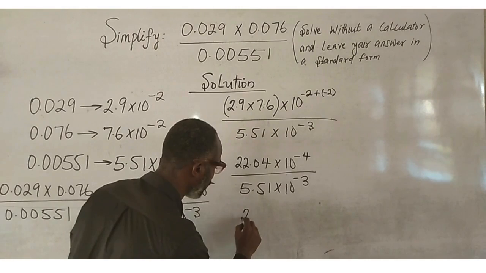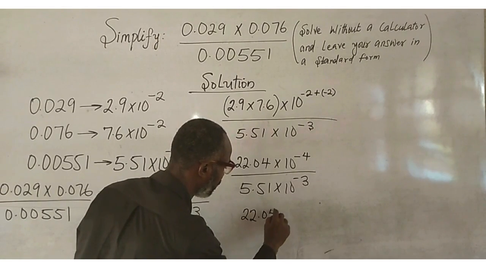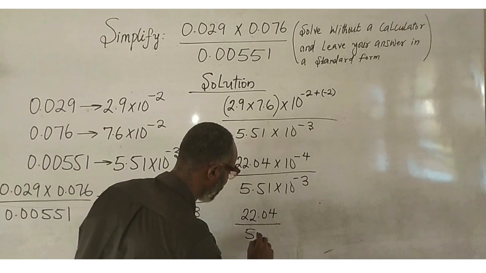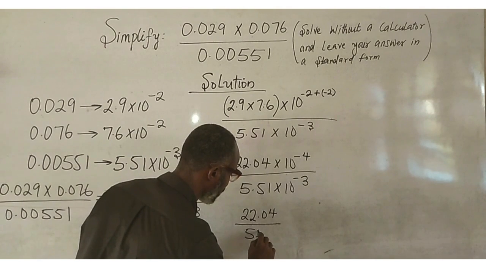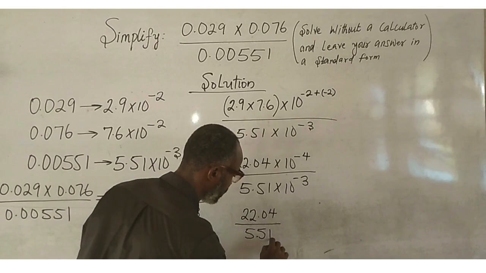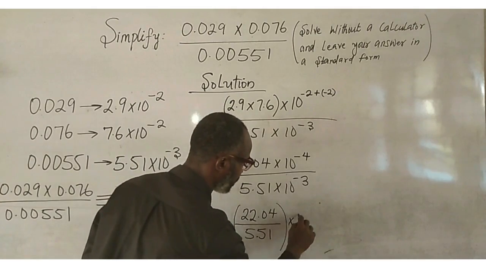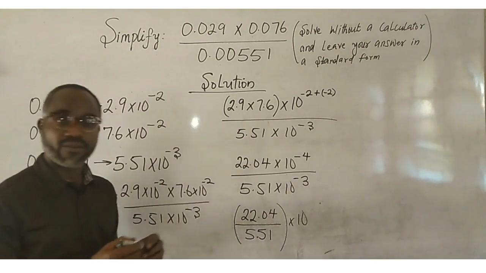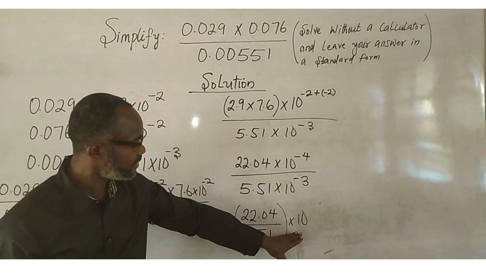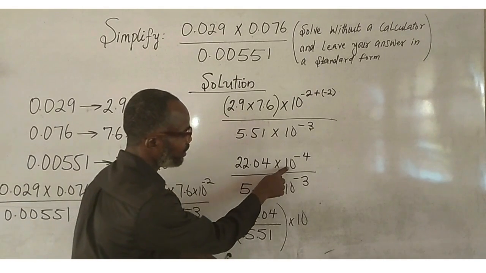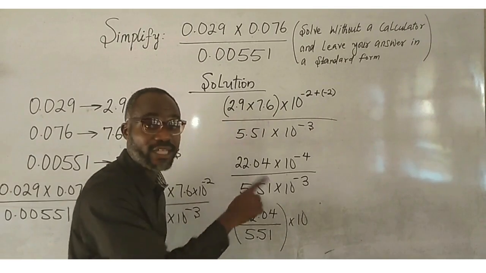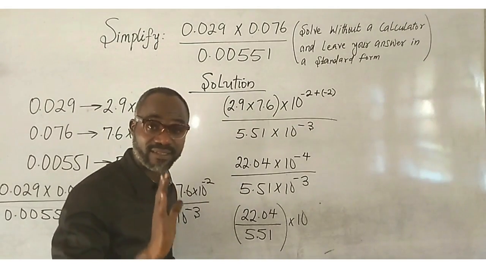It becomes 22.04 all over 5.51. We have carved out this times 10. Watch out, look at this. 10, because I'm taking this 10 and that 10 to be one. The base is the same.